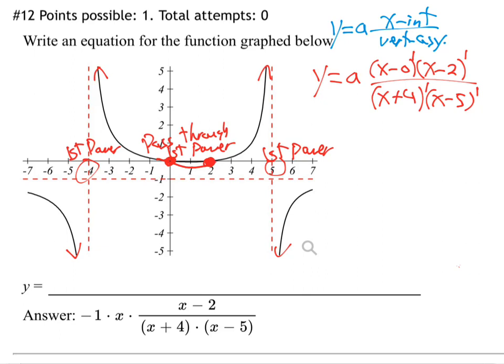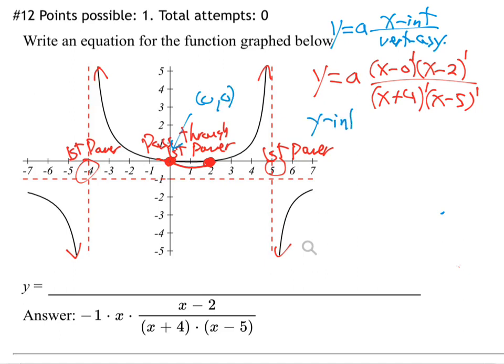So let's plug in, let me see, what are we going to plug in? Oh yeah, there's no y-intercept. Well, the only y-intercept is here. It's 0, 0.